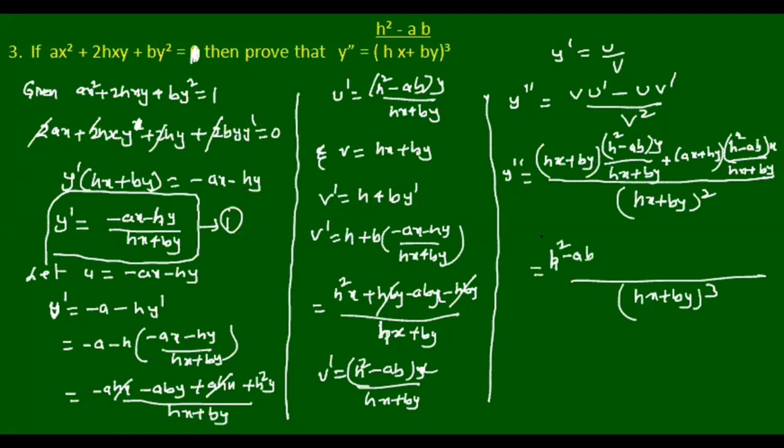Remaining is multiply with y, hxy plus by square. And then when you multiply with the x, ax into x is ax square plus hxy. ax square plus 2hxy plus by square is given as 1. So this is h square minus ab by hx plus by whole cube.